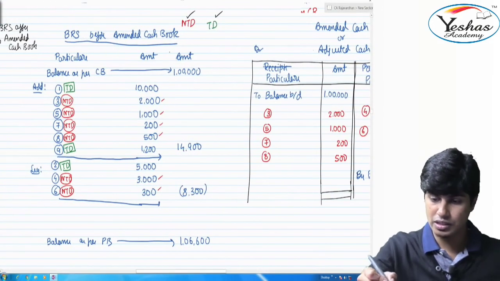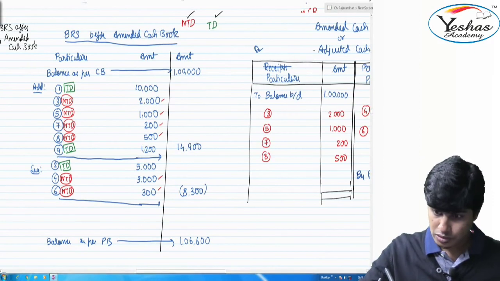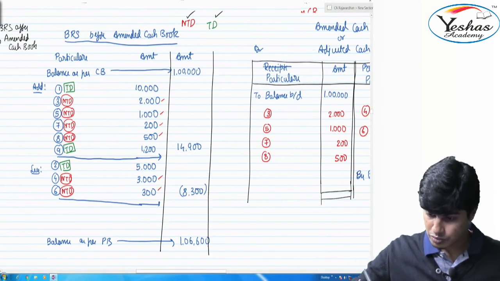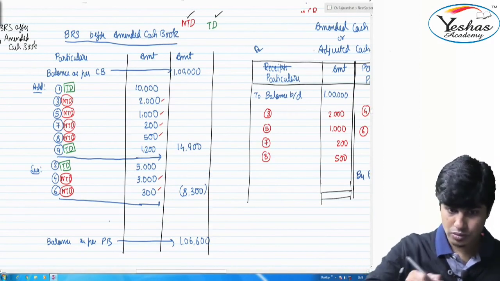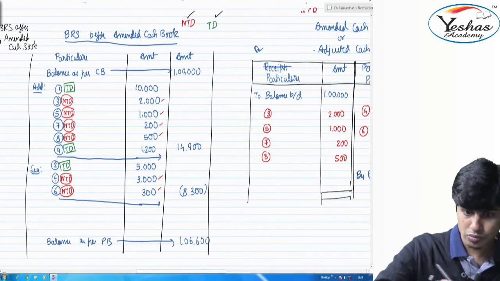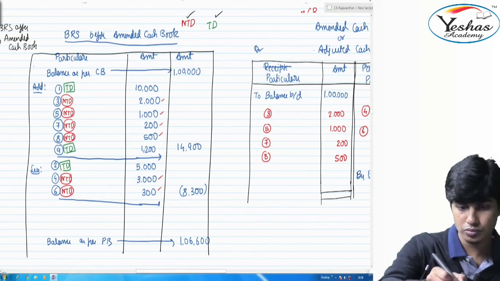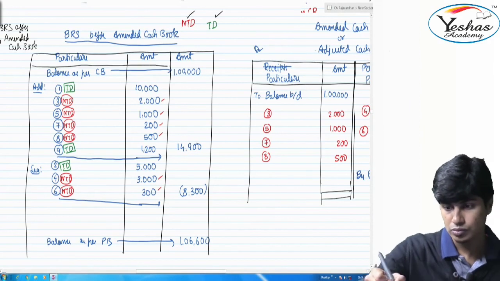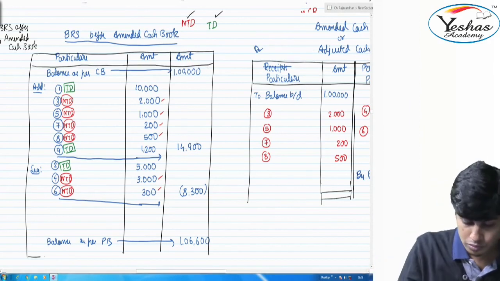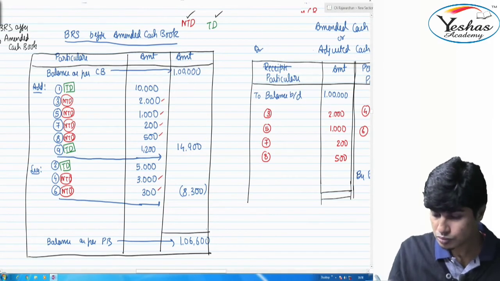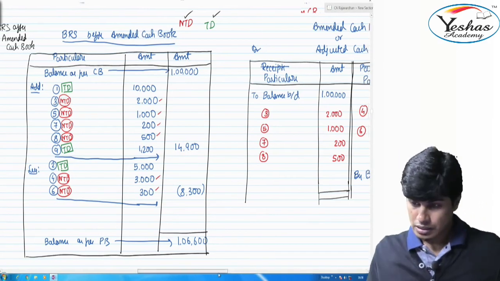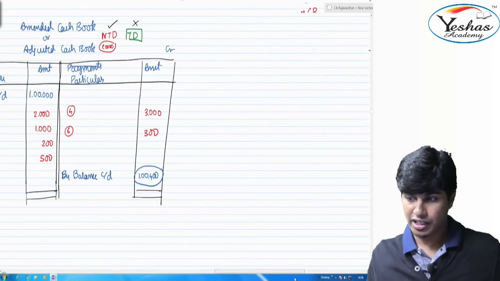Okay, I can draw lines here. However, I've picked black now. Let me do this work. Yeah, BRS after amended cash book now.